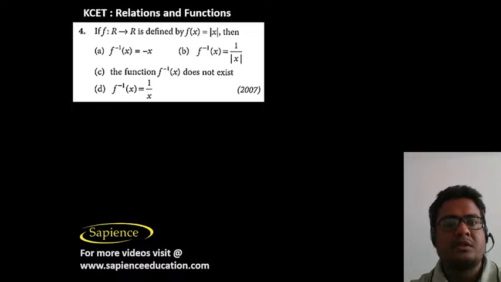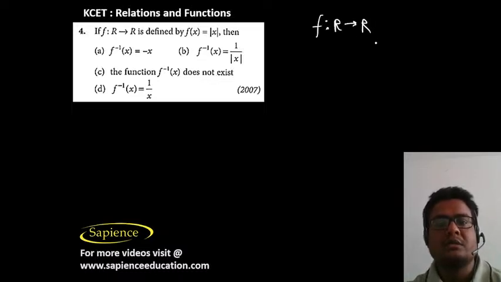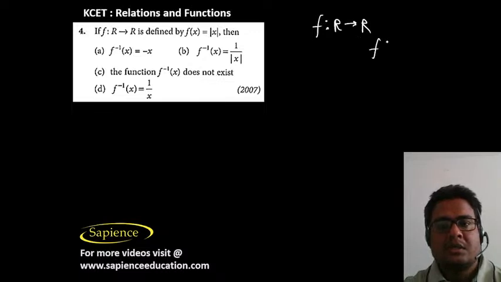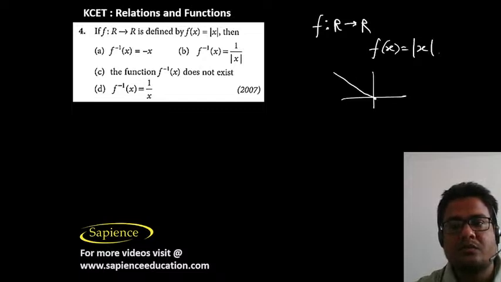Then here it is told the function f from R to R, where R is the set of all real numbers, is given by f of x equal to the absolute value of x. Then the graph will be like this.